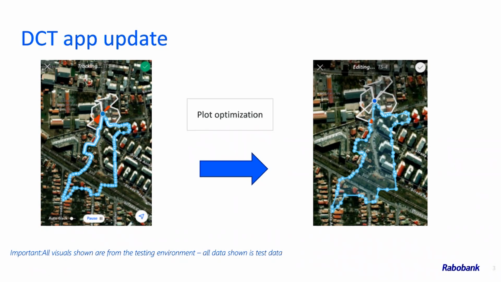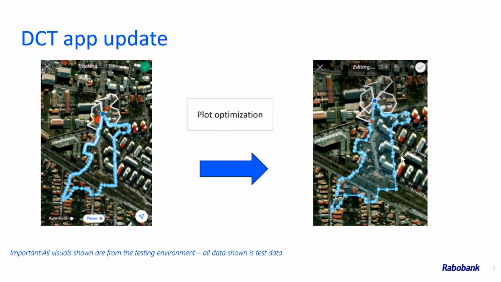So while you're tracking, you will experience the same process that you have had previously, but while saving, selecting the save button, the polygon will be optimized, which means that we calculate, for example, on these straight lines. So if you here see the straight line, the amount of markers will be limited.